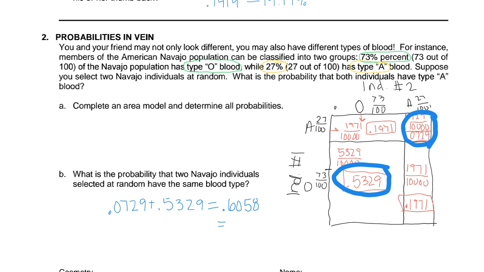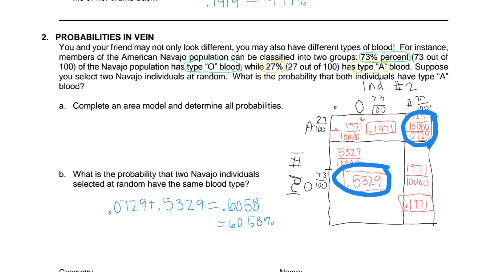If you like a percentage, 60.58%. Either way will work, decimal or percentage. So that's how we handle these. This is an area probability model, the box with all the percentages or probabilities on the inside. Figuring out what's on the inside is easy. Just multiply the two fractions where they would intersect, and that gives you the probability inside.